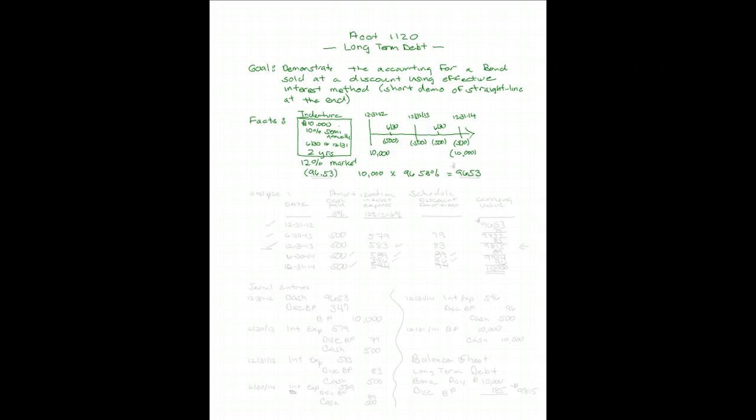So the way we're going to fix that is sell our bond at a discount. We're going to sell it at 96.53. I give you that; I'm not going to show you how to calculate it. Times that by the face value of the bond, and you can see we're going to get $9,653 for our bond.